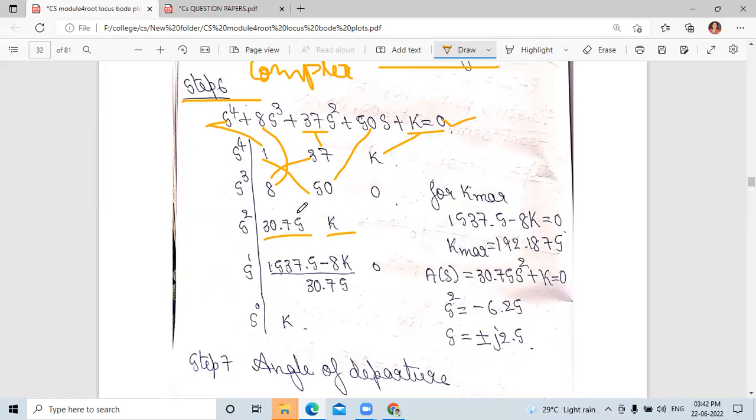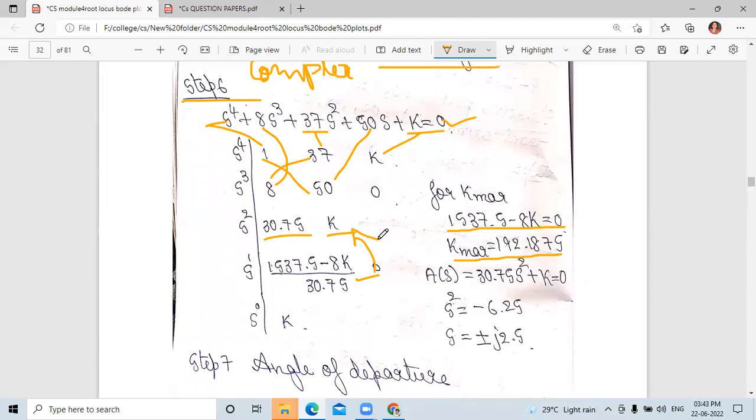Next, 30.75 into 50 minus k into 8 divided by 30.75. From the row s to the power of 1, that is 1537.5 minus 8k equals 0. So k marginal equals what value will you get? 192.1875.